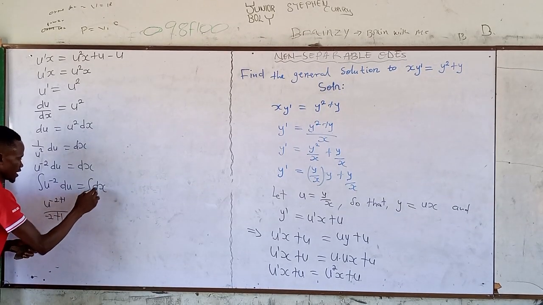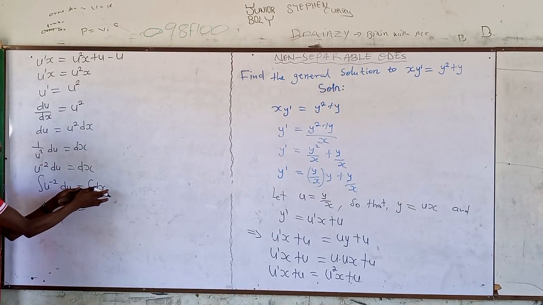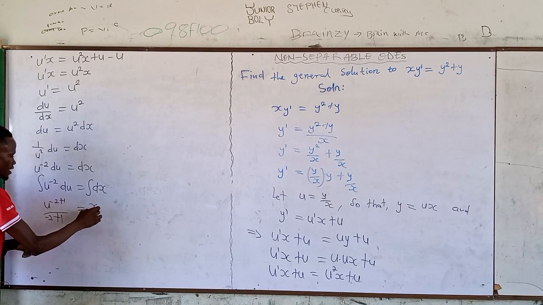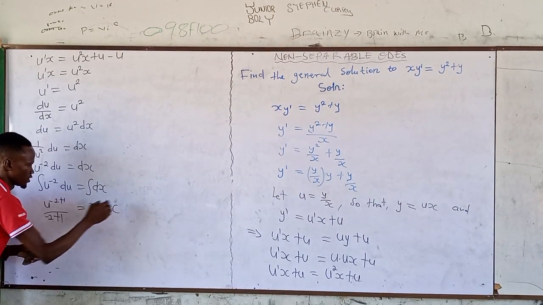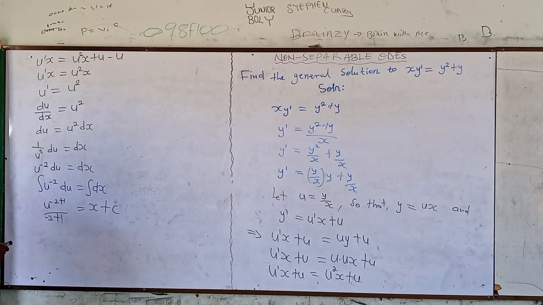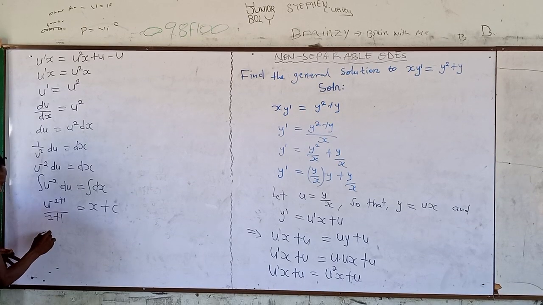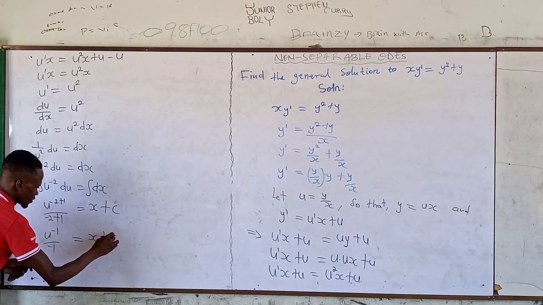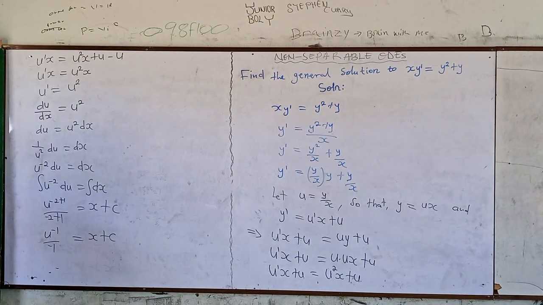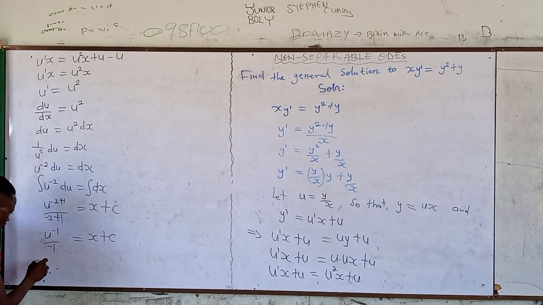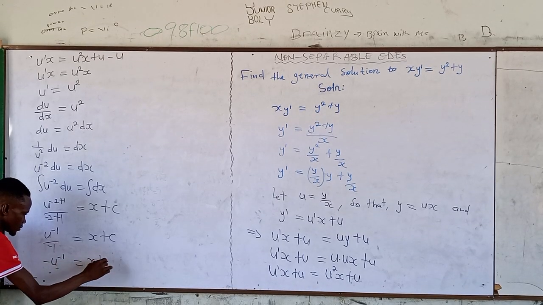And so this side too becomes integrating 1 with respect to x will give us x, then plus the constant of integration c. And so this side becomes u raised to the power negative 1 over negative 1 equal to x plus c. Moving forward, this becomes negative u raised to the power negative 1 equal to x plus c.